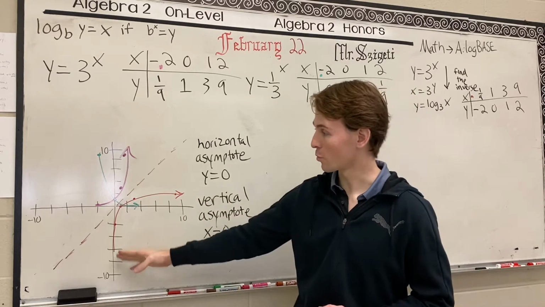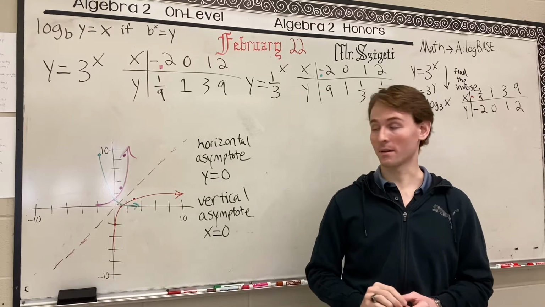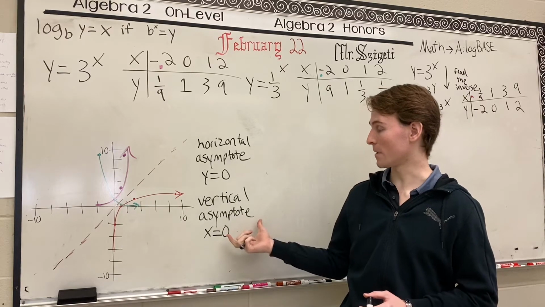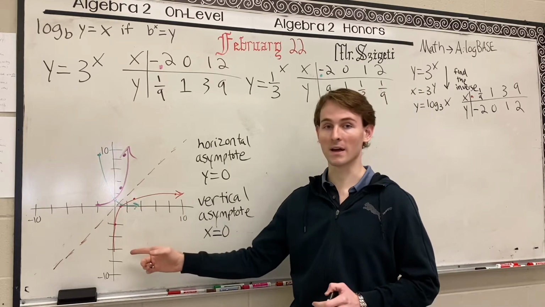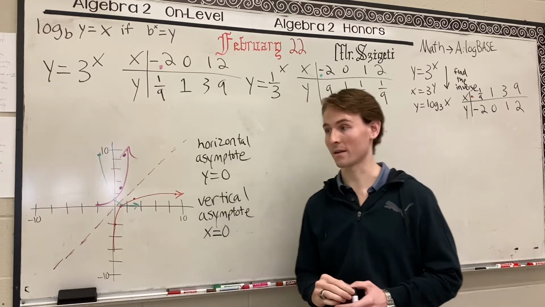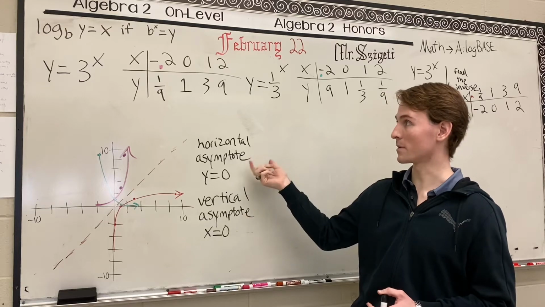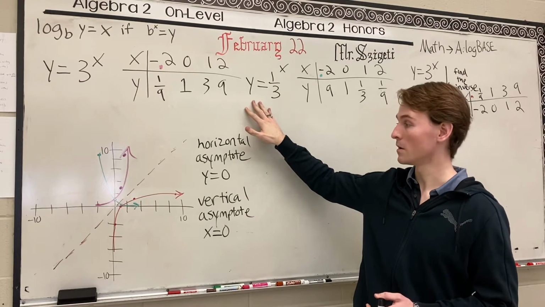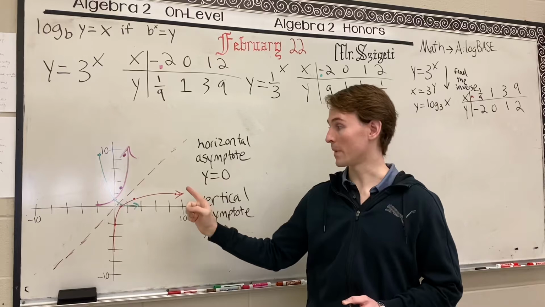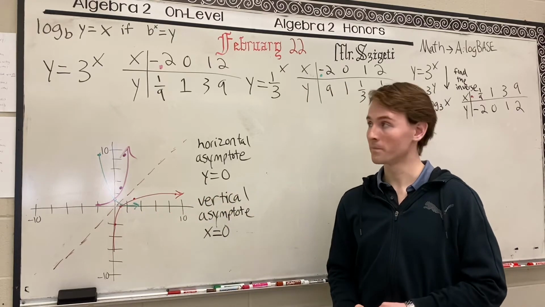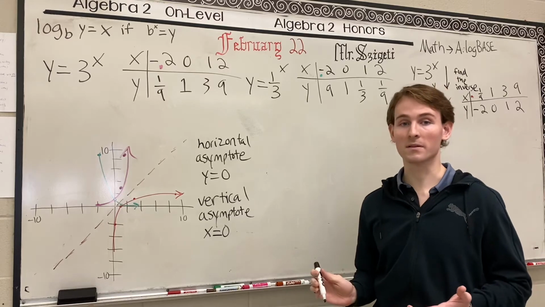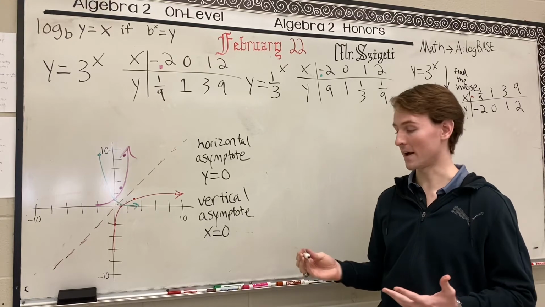It also won't cross the y-axis in this case. So it's important to remember that although it says x equals 0, it's actually represented by vertical lines that are parallel to the y-axis, and the horizontal asymptotes from our exponential functions will be horizontal parallel to the x-axis despite saying y equals 0. So this is important when we're calculating the domain and range or just finding them.